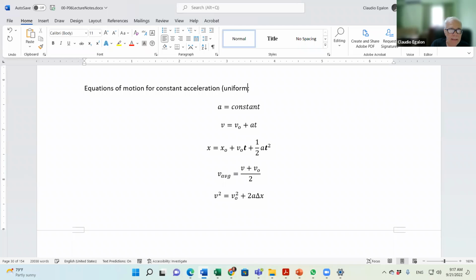What do we have to do next? Let's do a simple example.